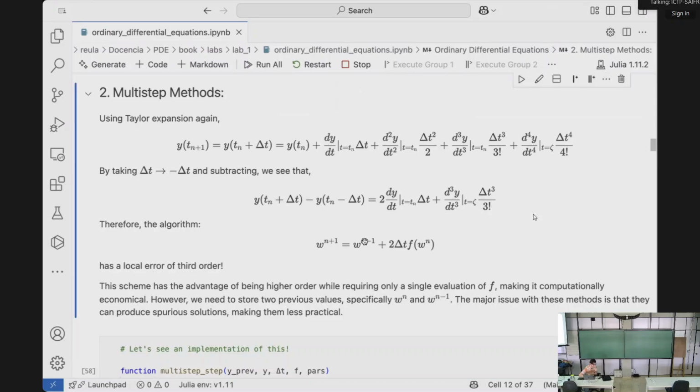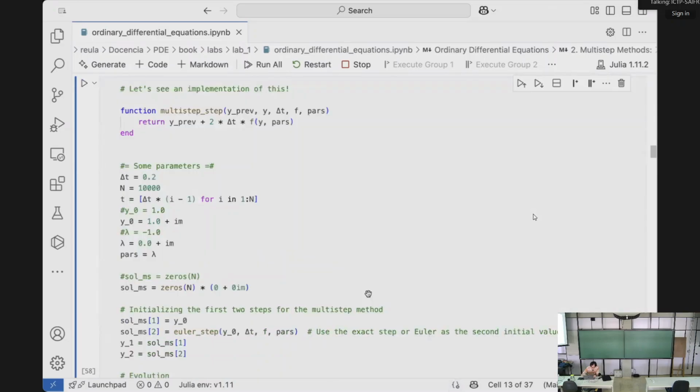So we actually need to try to guess 1 step to start making iterations, because we always need the previous step, and we don't know the previous step of the first step. And if we make some mistake in that initial guess, we will see that we get some error that starts growing. So this method has instabilities, can produce poor solutions. So it's not really practical, but we will still try to implement it here.